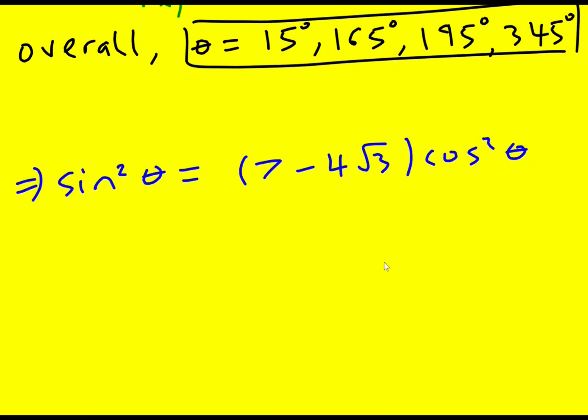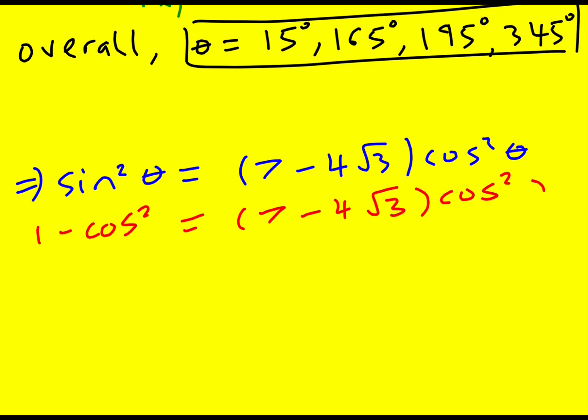So let's get it in terms of cos squared. That might be the natural thing to do. So it'd be 1 minus cos squared is 7 minus 4 root 3 cos squared theta. And so we can add that on, and we're going to get an 8 here.